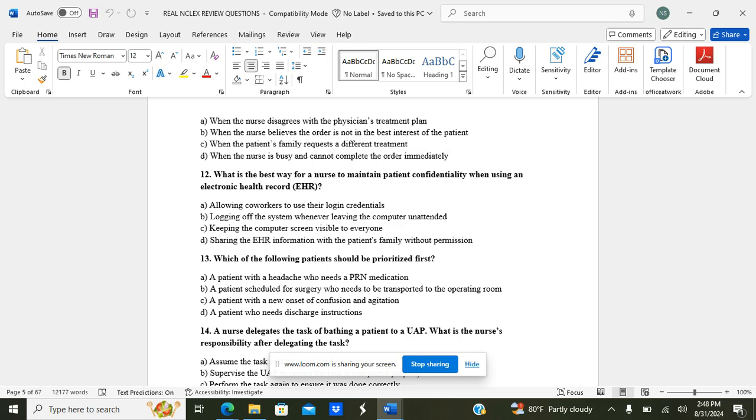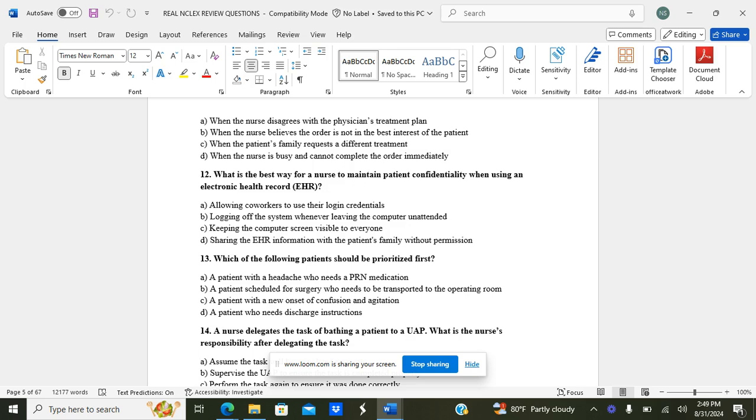C, a patient with a new onset of confusion and agitation. Wow, this choice, C, looks like the best choice, because they say a patient with a new onset of confusion and agitation. The fact that we have agitation in this question, you need to care, because when the patient is agitated, the patient can beat other patients, he can beat the nurses.